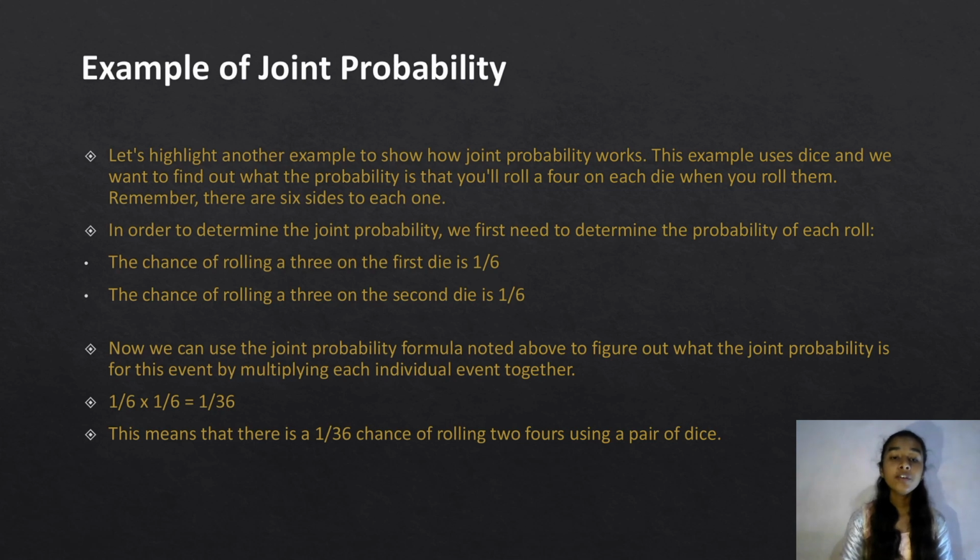Now, we can use the joint probability formula noted above to figure out what the joint probability is for this event by multiplying each individual event together. That is 1 by 6 into 1 by 6, so we get 1 by 36. This means that there is a 1 by 36 chance of rolling two 4s using a pair of dice.